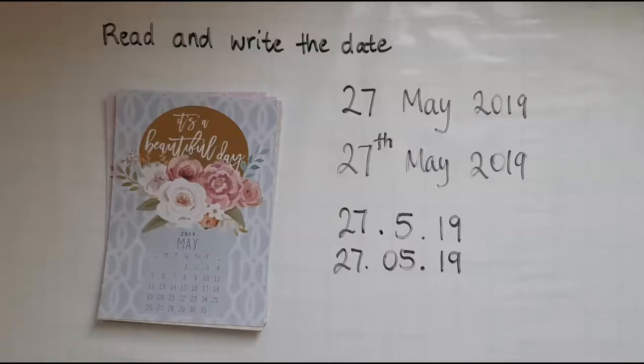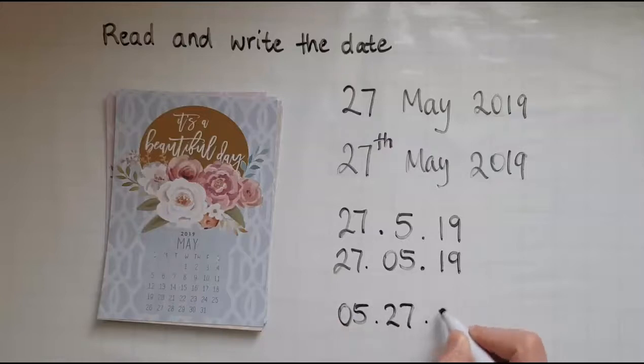One thing to be careful about or to be aware of is that in some computers or laptops you will see today's date written like this, because in the American format you write the month first.